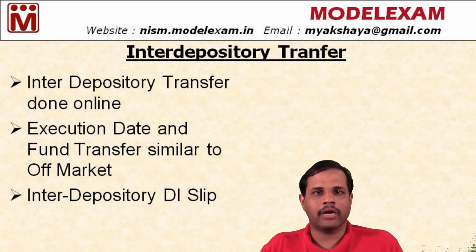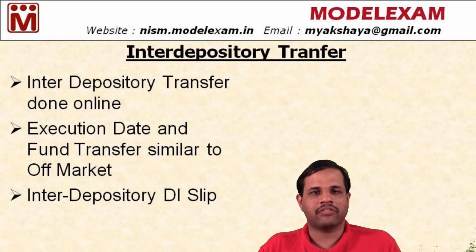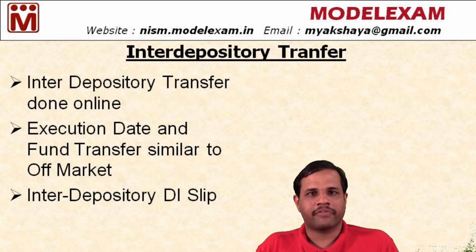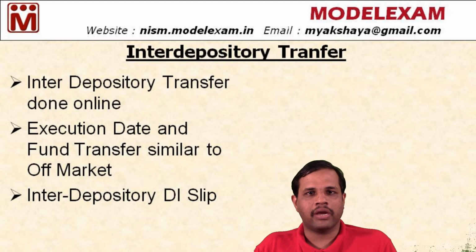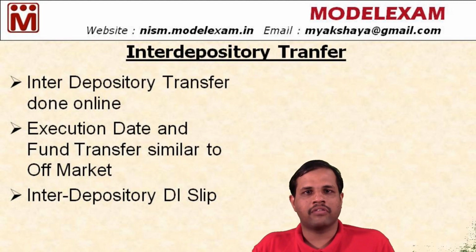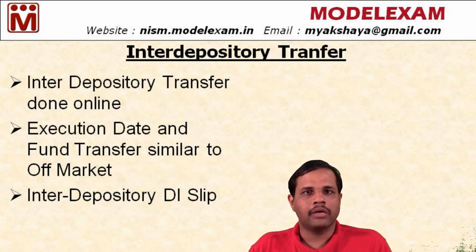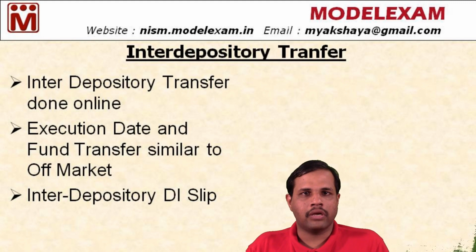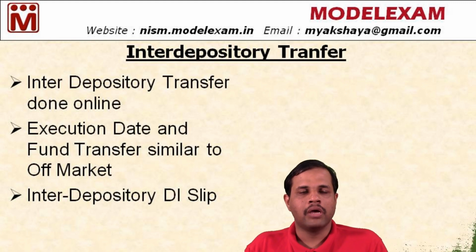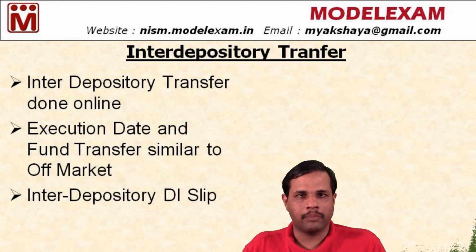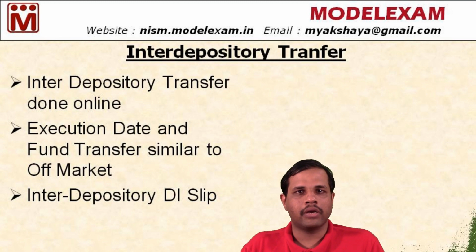That is, the amount or the rate at which shares are transferred, the mode of transfer, etc. are decided by the agreement between seller and buyer, and it happens outside the depository mechanism. So here we should sign a depository instruction slip known as the inter-depository delivery instruction slip. So this is all about inter-depository delivery instruction.